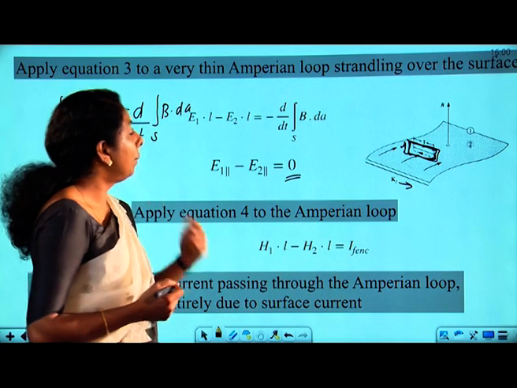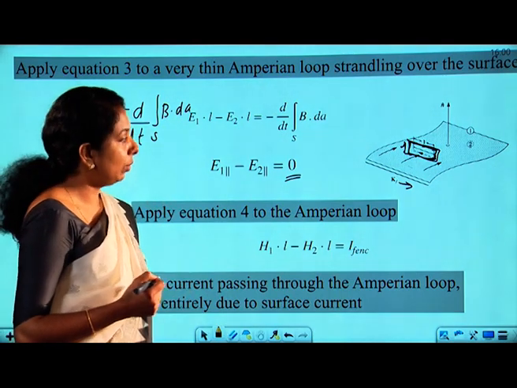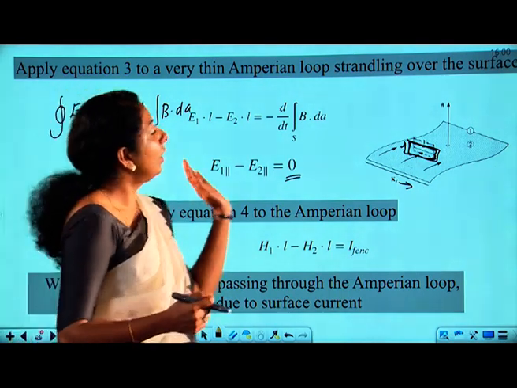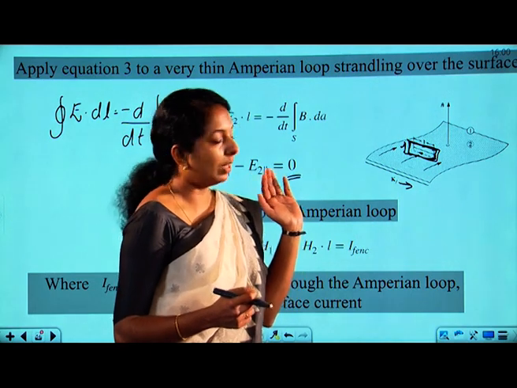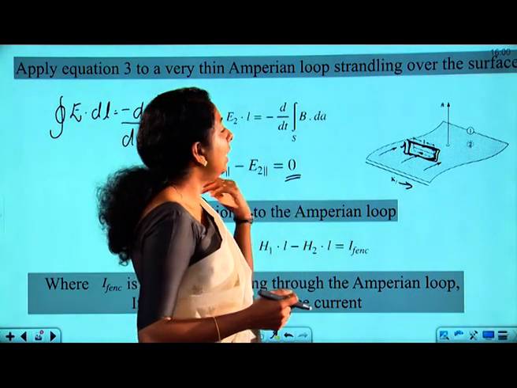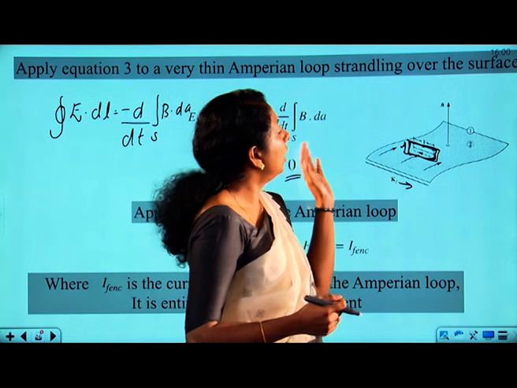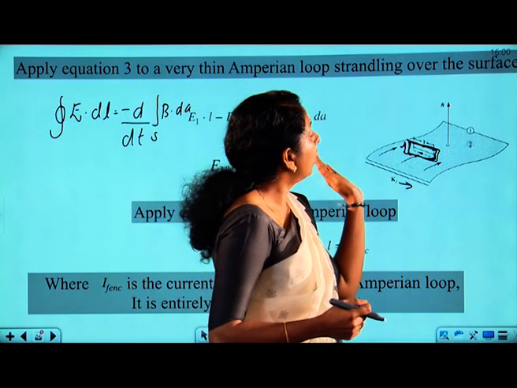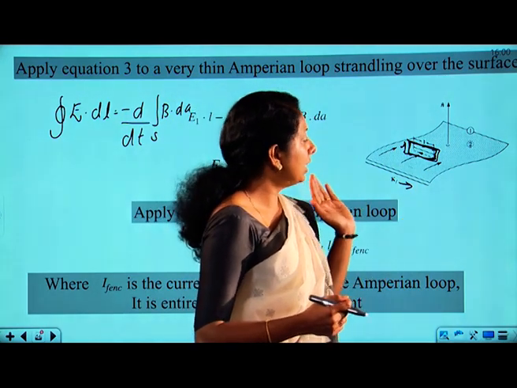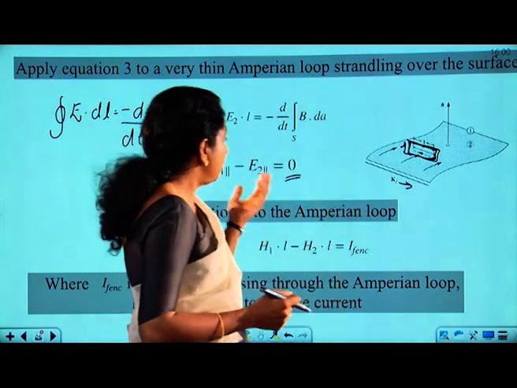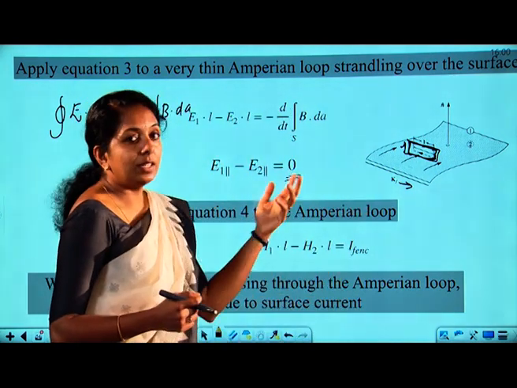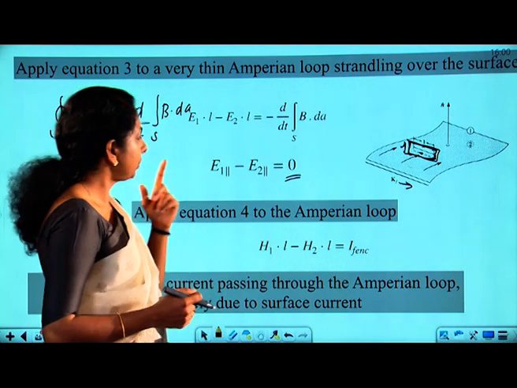So, E1 parallel minus E2 parallel equal to 0. That is, the parallel component of electric field does not suffer any discontinuity when we take it over a plane sheet having surface current density, because we know that surface current density is not a source of electric field.